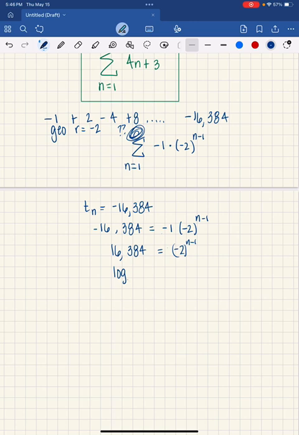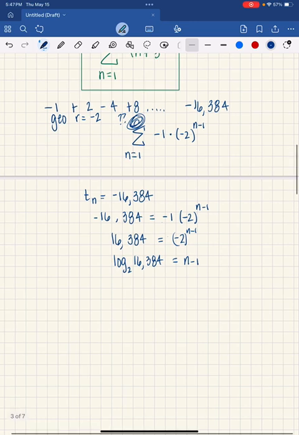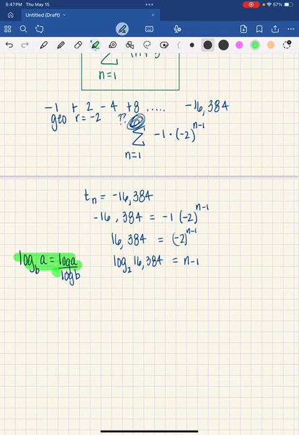The log base 2 of 16,384 is equal to n minus 1. Okay, you cannot use a graphing calculator on the final exam. So I recommend practicing using the scientific calculator. Log base b of a, change of base: the log of the argument over the log of the base. That's change of base.